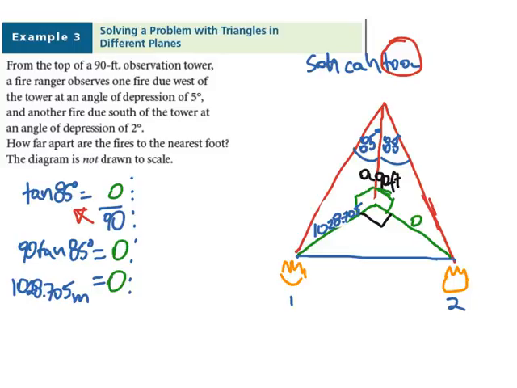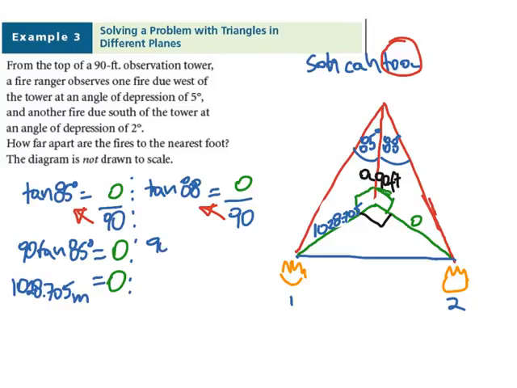So now tan of 88 is equivalent to the opposite side divided by 90, and again cross multiplied. We get 90 tan 88.